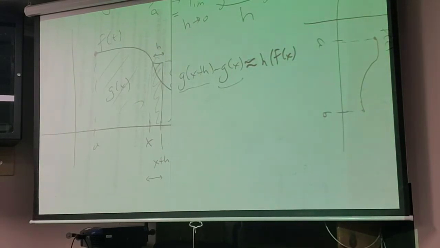Will h ever be 0 in what I'm going to do to it next? h will never be 0 because I want to let the limit as h goes to 0. It's never 0. So can I divide by h?